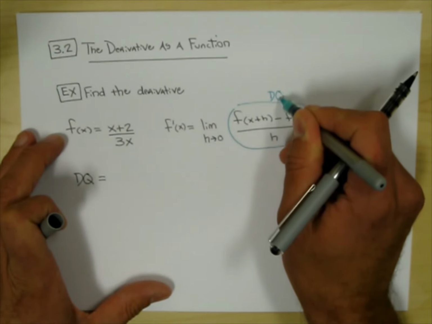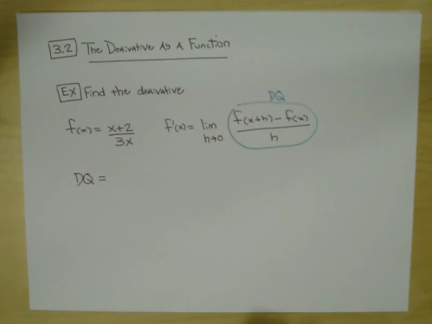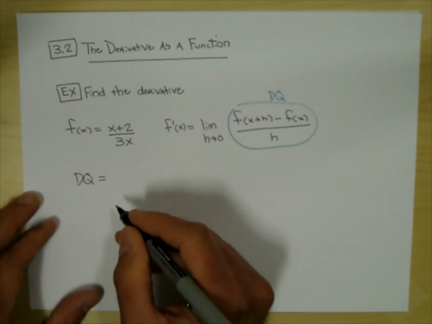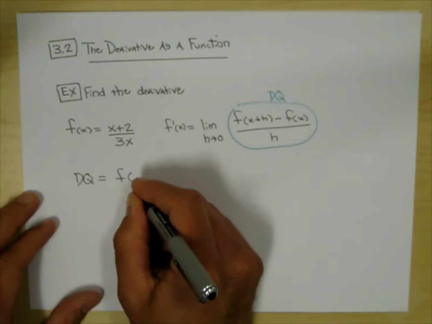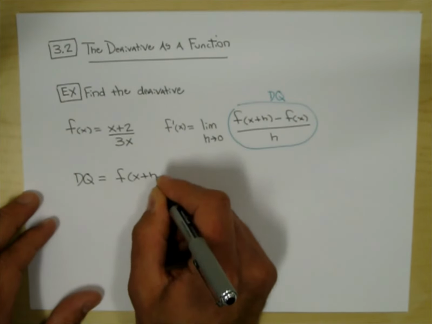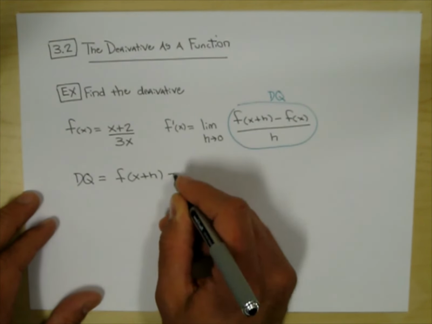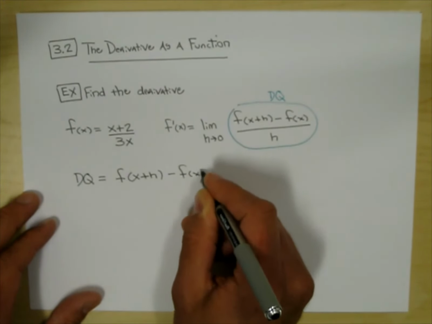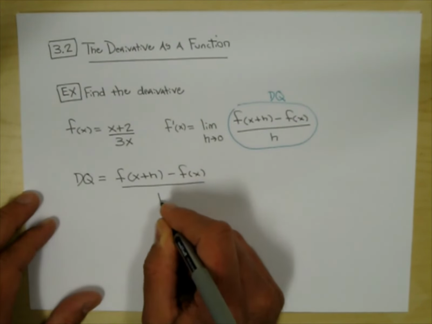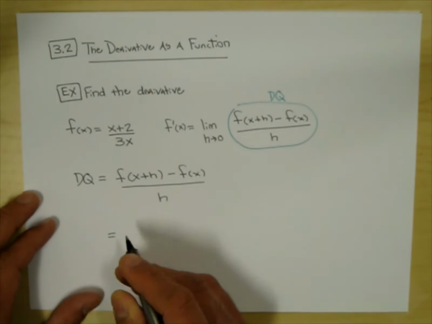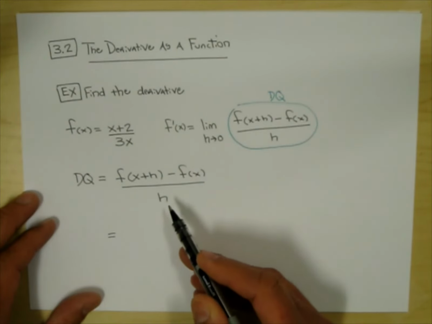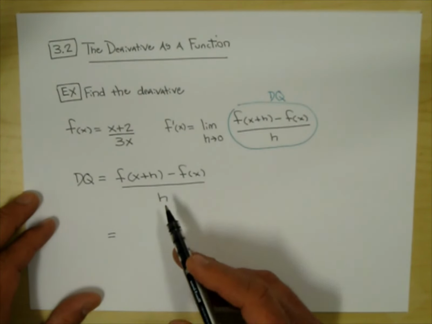This is DQ. So what I'm doing is sort of a review from last time. I'll write out DQ again. This is the hardest part of this problem, is computing DQ and simplifying.